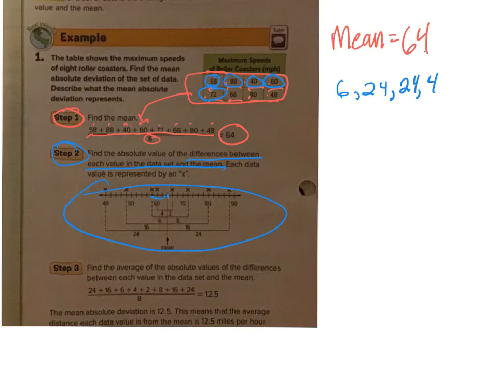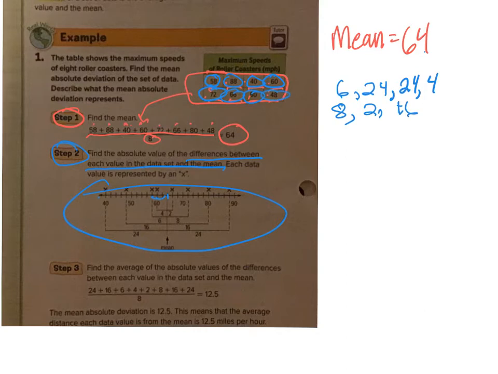72 and 64 equals 8. And now the difference between 66 and 64 is 2. And then the difference between 80 and 64 is 16.